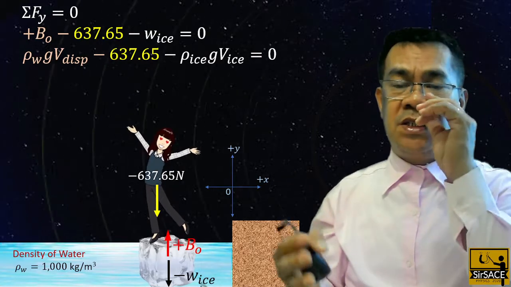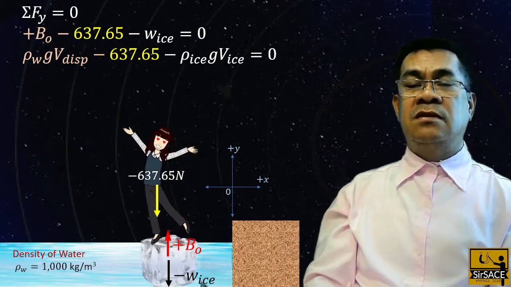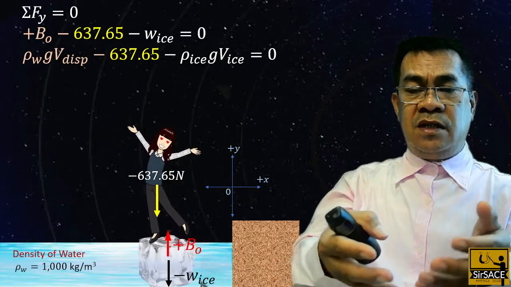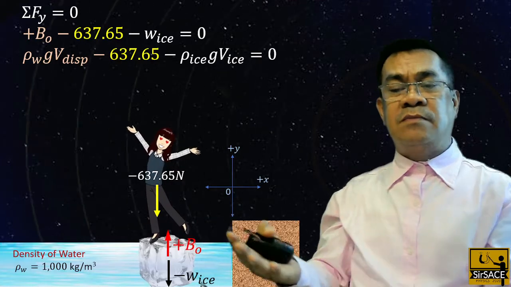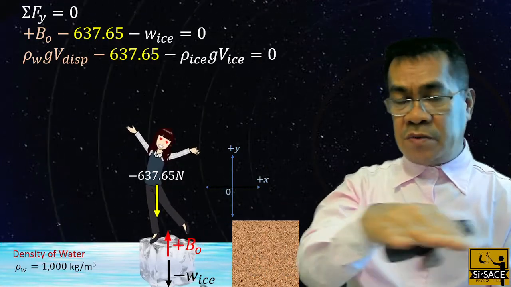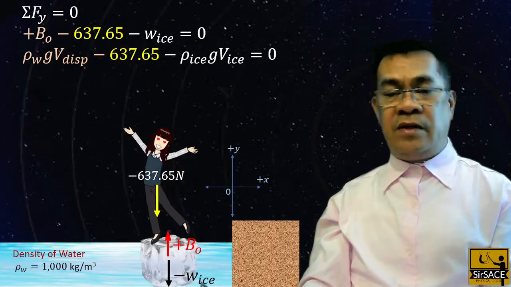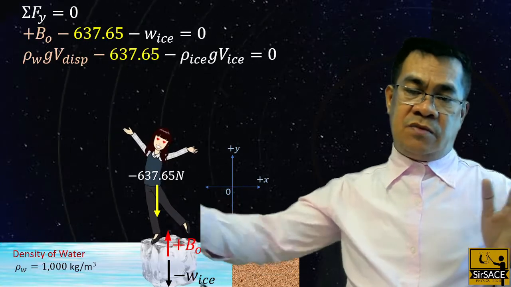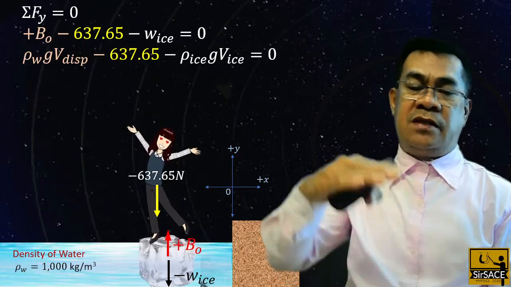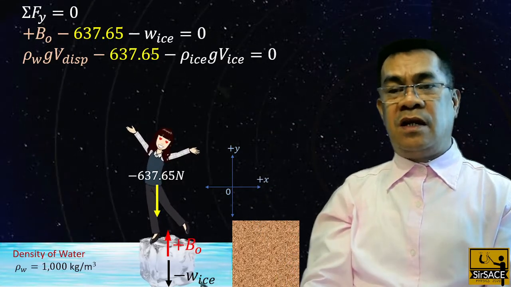What is the displaced fluid? The displaced fluid is water. So the ice is submerged, and the displaced fluid is water. But we cannot observe the increase of the level at the surface. Why? Because it is assumed to be a large container, so we cannot notice the increase of height due to the submersion of ice.